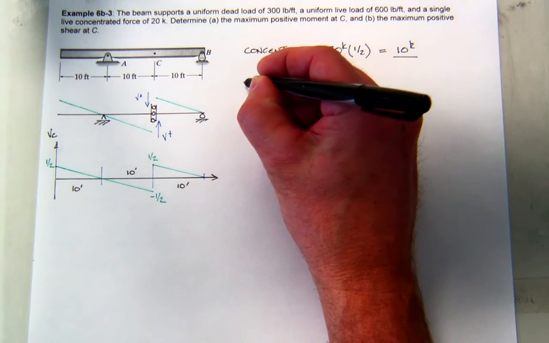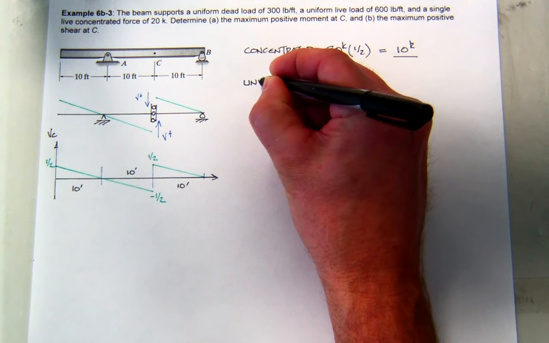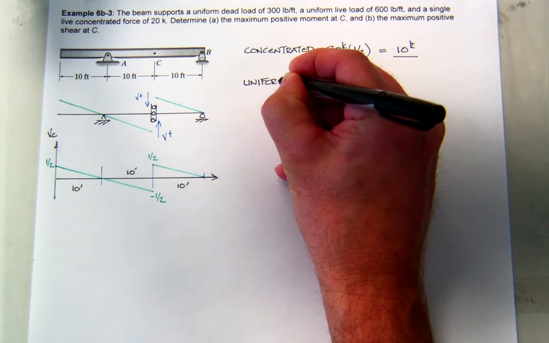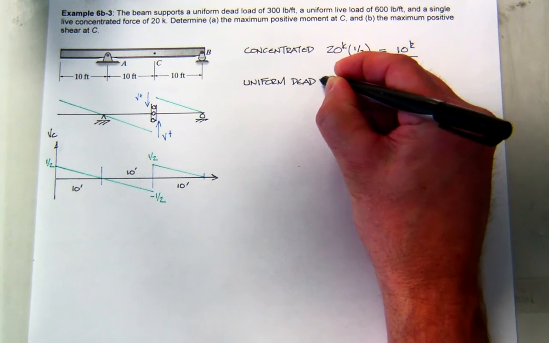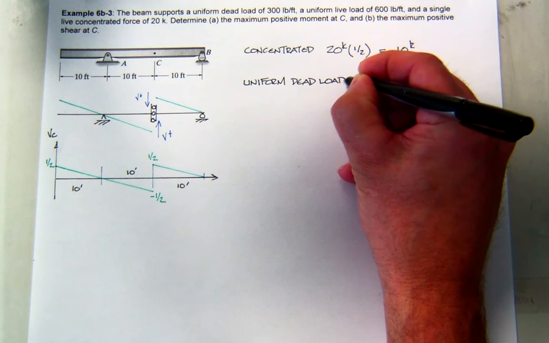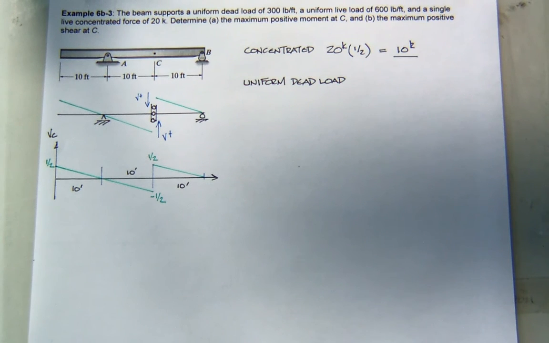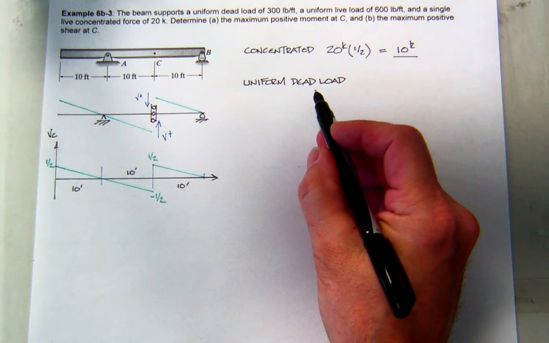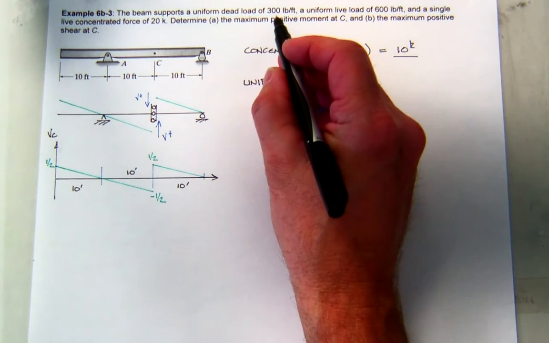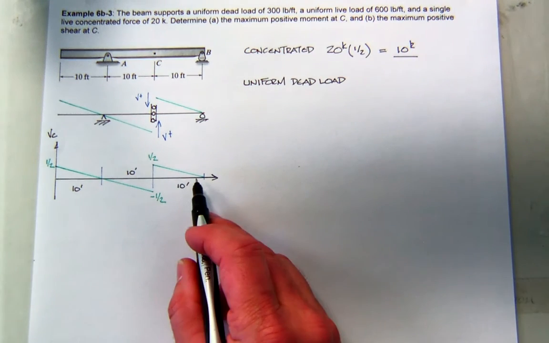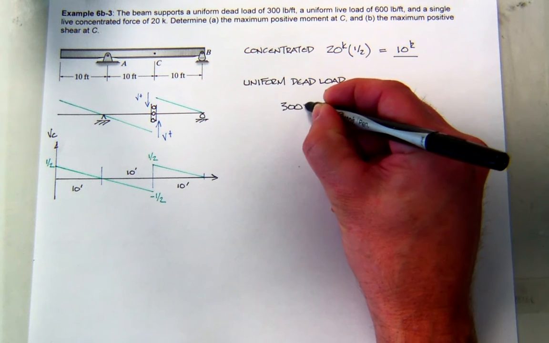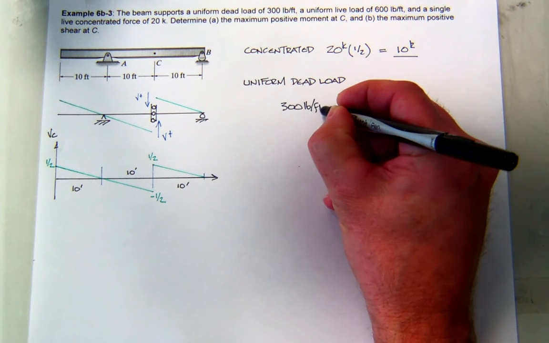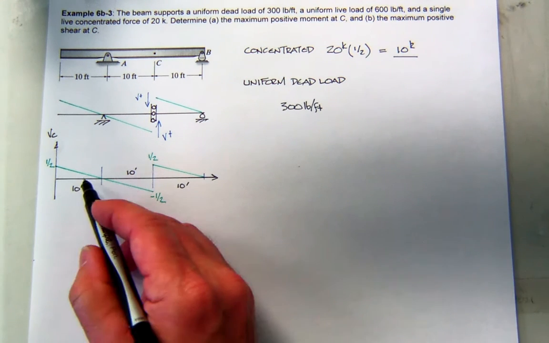So what about the uniform dead load? We've talked about before, dead load goes the whole structure. You don't get to choose. So we have to multiply the dead load intensity, which is 300 pounds per foot, by the total area under this curve. I've got 3 triangles I have to deal with.